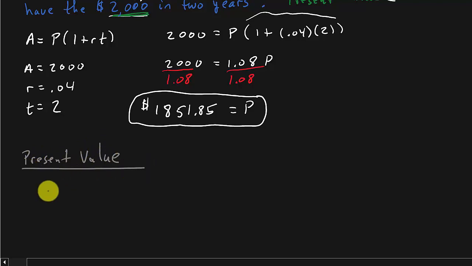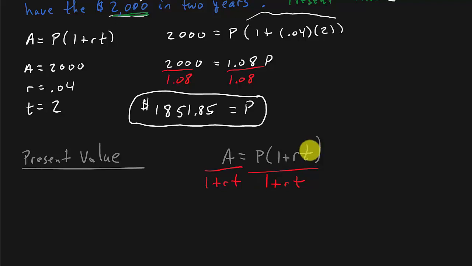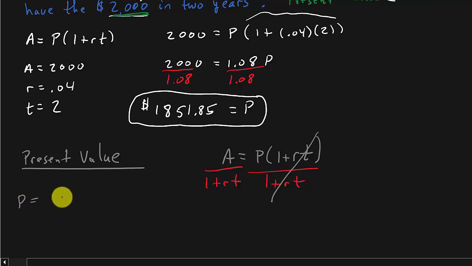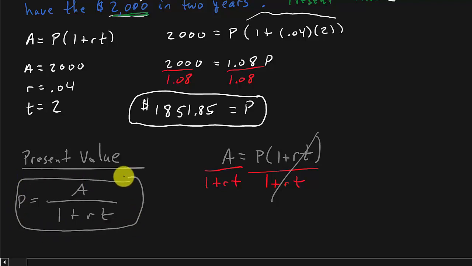So all they do is they take A equals P times 1 plus RT, and then all we're doing is dividing both sides by 1 plus RT. And so we get the present value. Well, those cancel, so the present value is A over 1 plus RT. So you may see this formula in some books. That's where it comes from. That's the present value. All right. And we'll actually see a formula like this when we do compound interest.